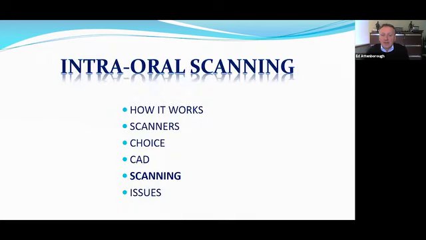So now we're going to come on and look at the actual scanning process. I've got a couple of videos to show here and then a couple of slides. So I may have to just skip screens.